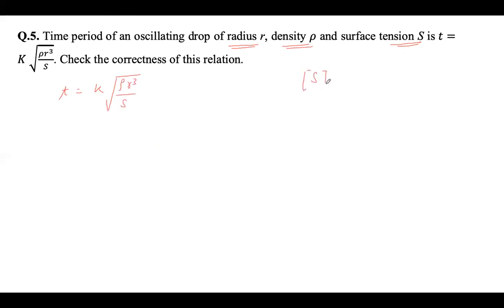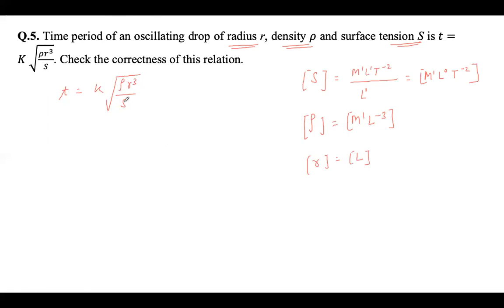So the dimension of surface tension S, if you check, is force upon length. Force is M1 L1 T minus 2 divided by L1. So this will be equal to M1 L0 T minus 2. This is for surface tension. Similarly, for density it is mass per unit volume, M1 L minus 3, and for radius it is simply length 1.